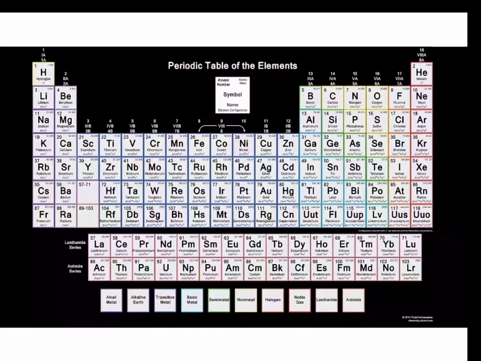The groups headed by boron, carbon, nitrogen, oxygen, fluorine and neon are numbered as 13, 14, 15, 16, 17 and 18 respectively.